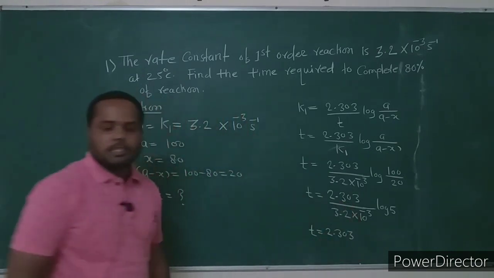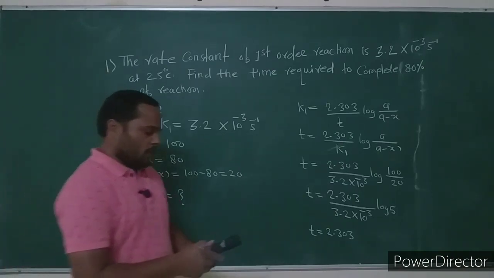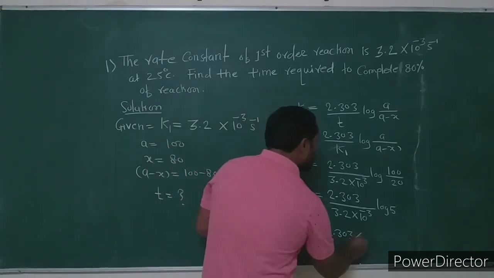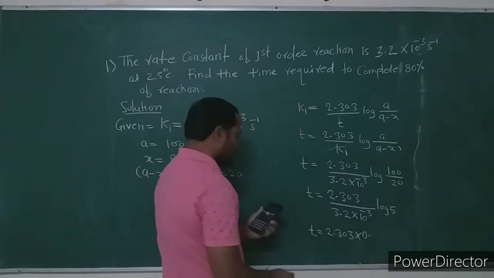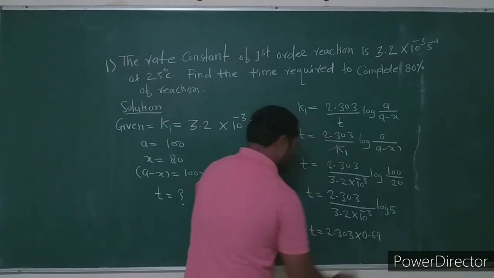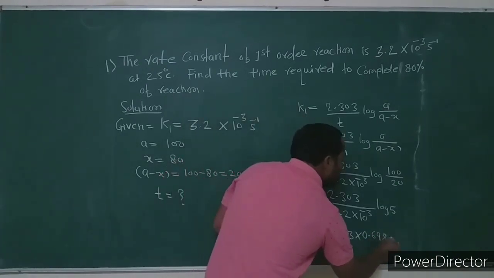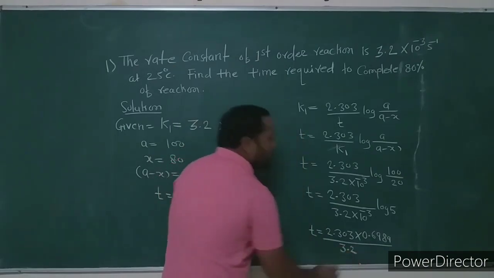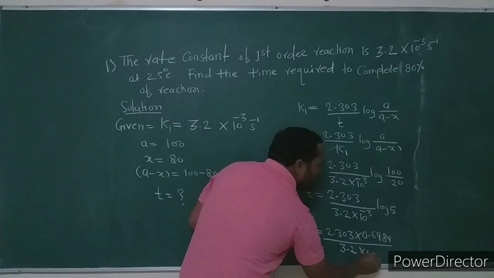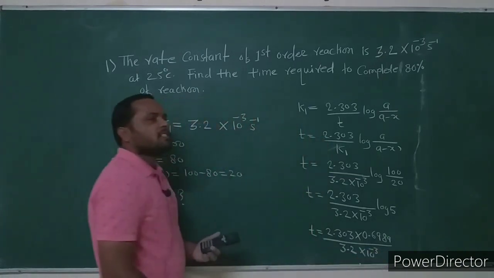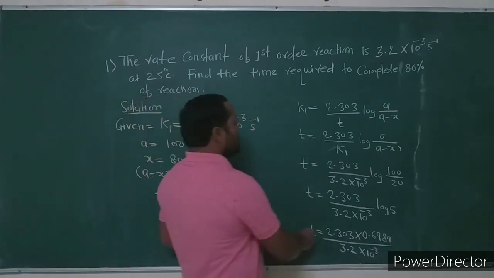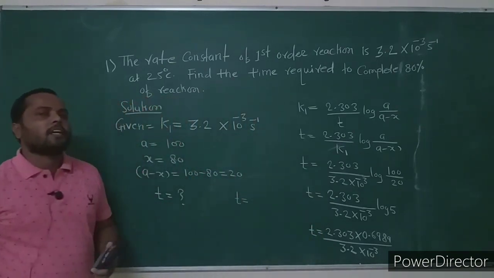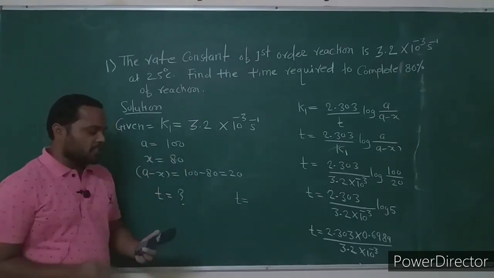What is the value of log 5? The log 5 is 0.6989. Then solve this and we can obtain the time required for completion of 80% reaction.